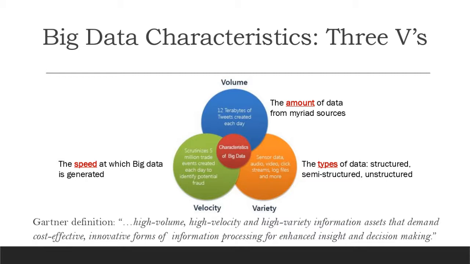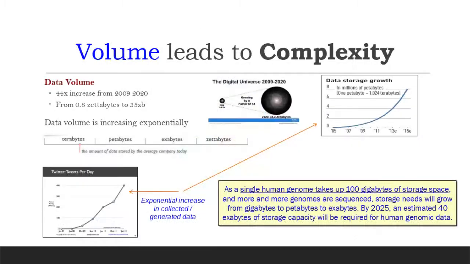So those were the original 3 V's: volume, variety, and velocity. Volume obviously leads, like I said earlier on one of the earlier slides, volume of data leads to complexity. And just look at some of these statistics here.